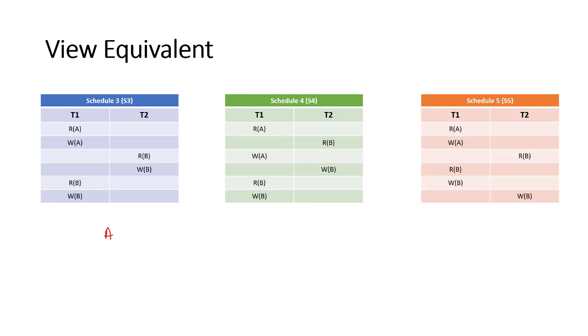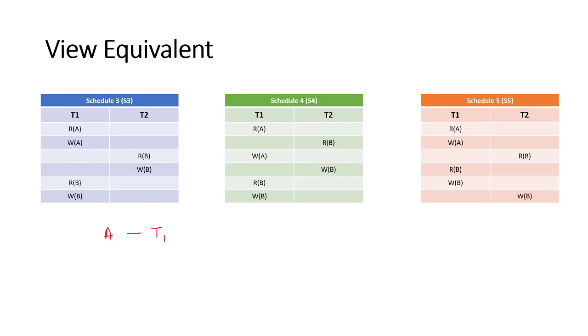Initial read means that a transaction is reading a data item which is not written by any other transaction. So it is directly reading the initial value of A from the database. So T1 is reading the initial value of A in this schedule.